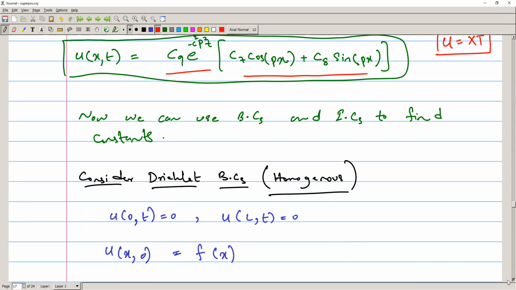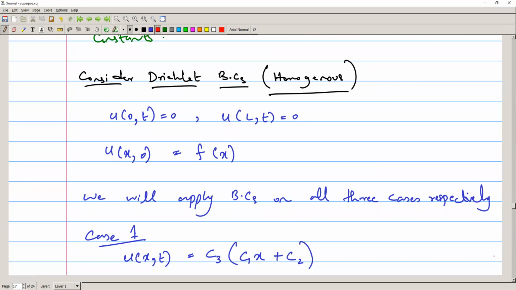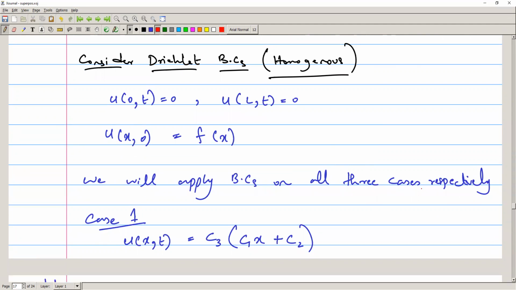And for that, now we are applying some boundary conditions, and we will start with the Dirichlet boundary conditions. In fact, homogeneous Dirichlet boundary conditions are the basic boundary conditions, and these conditions are used very much, right? So u of 0 comma t is equal to 0, and u of L comma t is equal to 0.